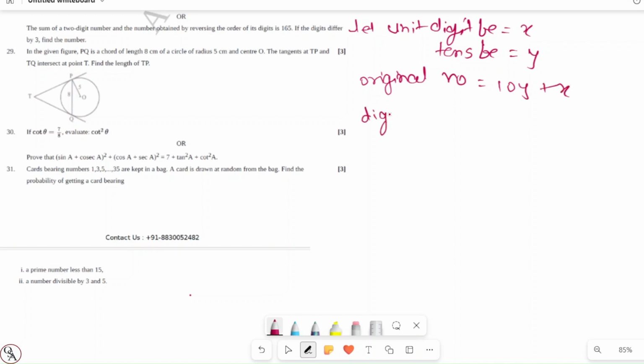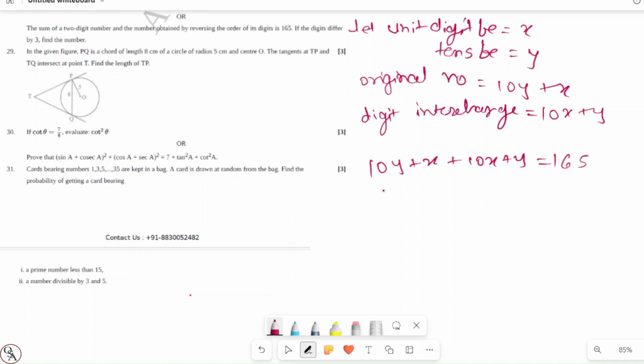Once the digits interchange their position, my number is 10x plus y. What the question asks is the sum of the two-digit number and the number obtained by reversing the order of its digits, so 10y plus x plus 10x plus y is equal to 165. So as per the first condition, 10y plus y is 11y, x plus 10x is 11x, which is equal to 165.